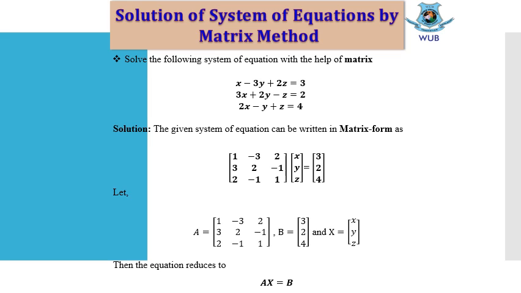And if we consider first matrix equals to A, second matrix equals to B, and third matrix equals to capital letter X, then we can write AX equals to B. Okay, now let's move.